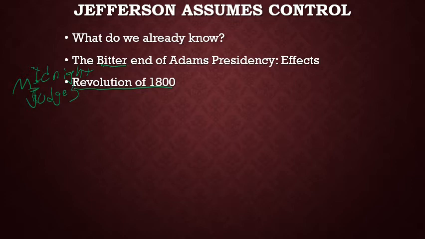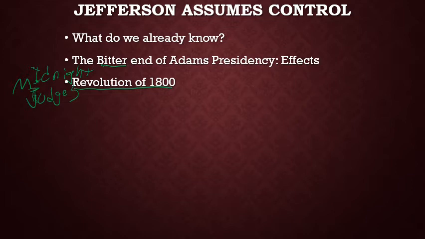Meaning, again, his party, the Democratic Republicans, is going to be a champion for the common man and for less power of the federal government. That is what the Democratic Republican Party is going to represent: common men, decentralizing government, et cetera.